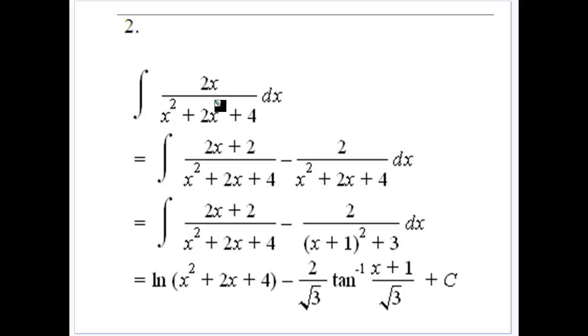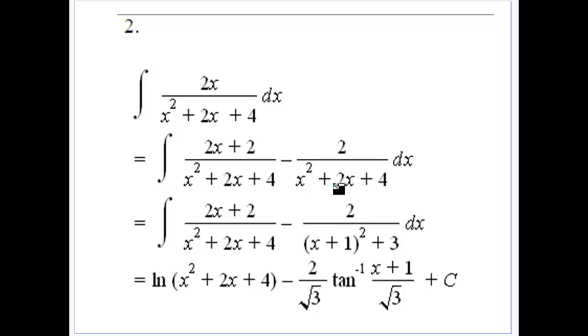We can add the 2 in there, and that would come down to a nice integration of a log function. But to do that, we've got a minus 2 as well. Now, this is not going to be a log function when we integrate it, because it's not a derivative of the function over the function.